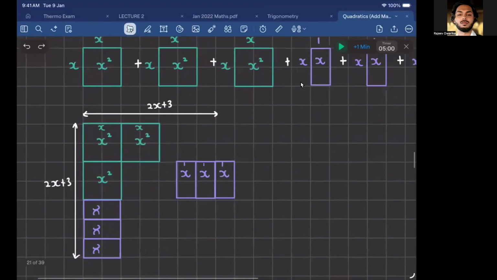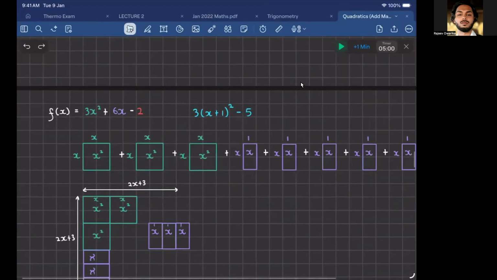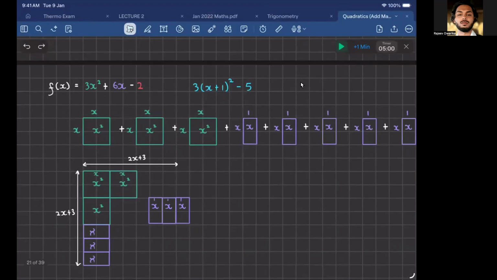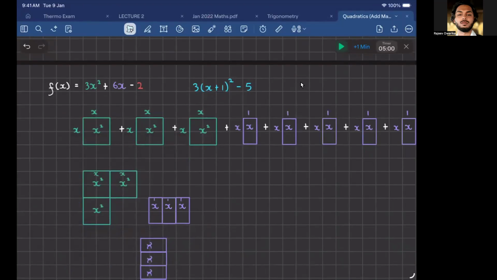It's a tricky one. Are you guys seeing any other way we could rearrange this diagram to come up with a square? If you are seeing a way, tell me. Just by looking at it, I'm not seeing any other ways, like logically.